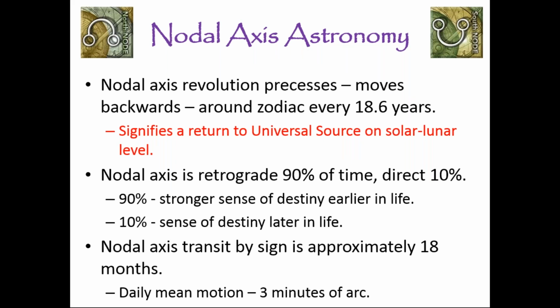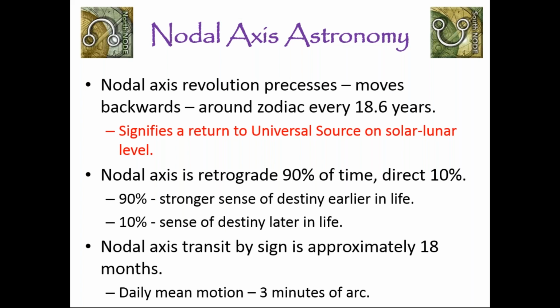Now the nodal axis reverses through the zodiac about every 18.5 years. It signifies a return to universal source on the solar lunar level. The nodal axis is retrograde 90% of the time, direct 10% of the time.